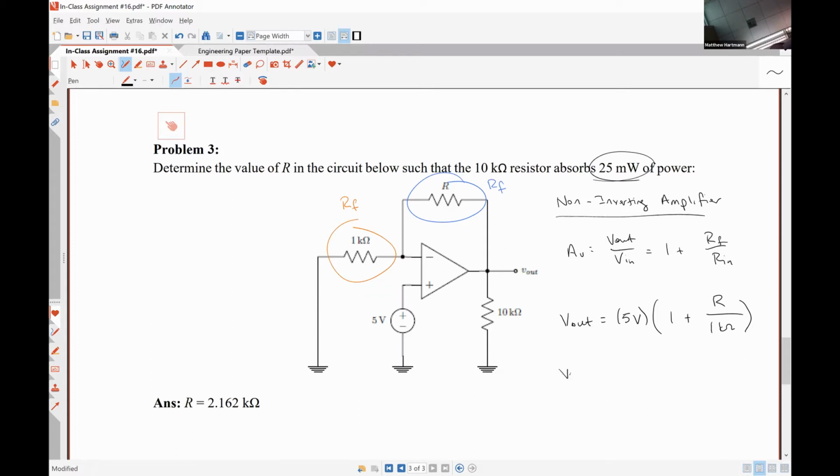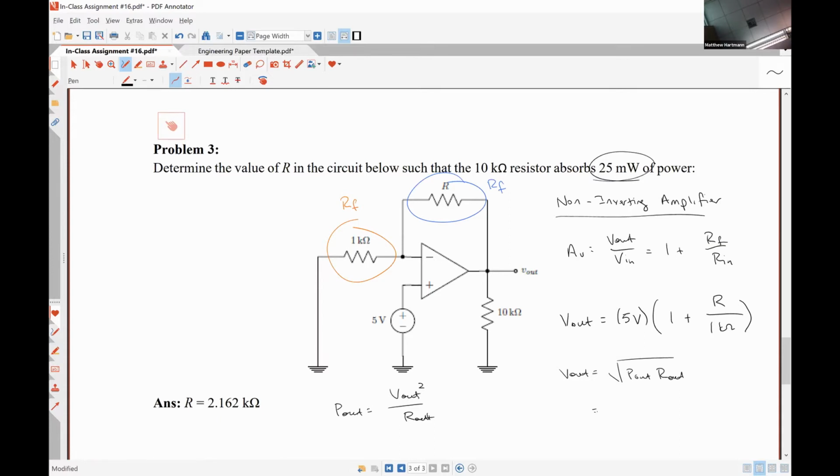We also know that V out is going to be the square root of the output power times the output resistance. I got this from saying P out is V out squared divided by R out.